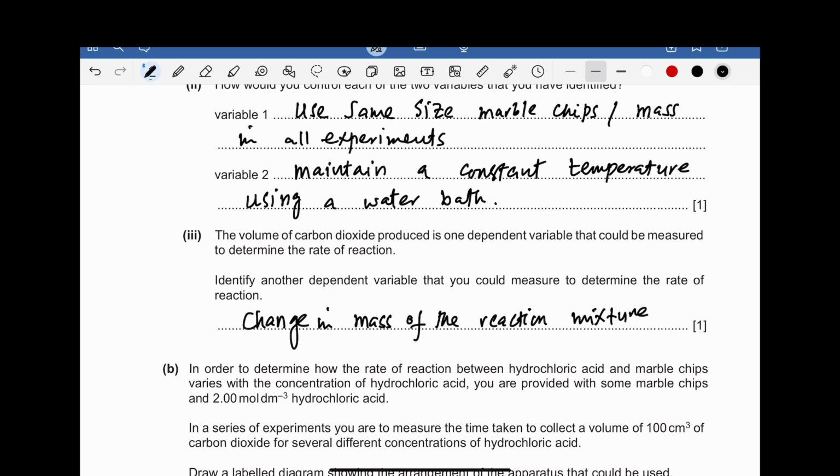Because there's a gas, carbon dioxide, produced, which escapes. So change in mass of the reaction mixture over time, as CO2 escapes.